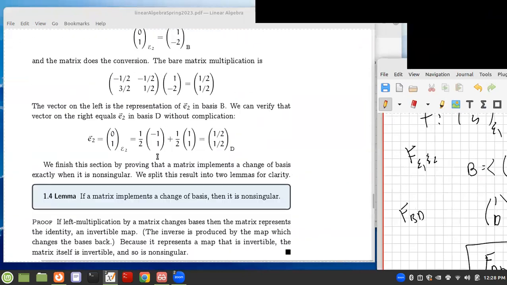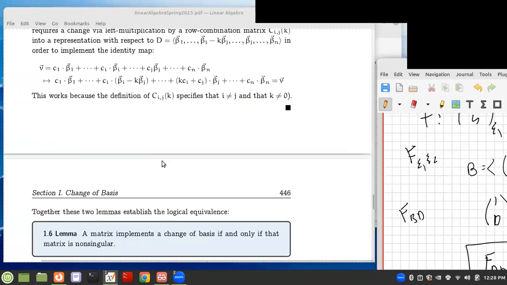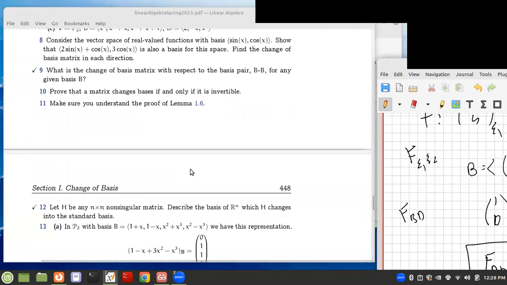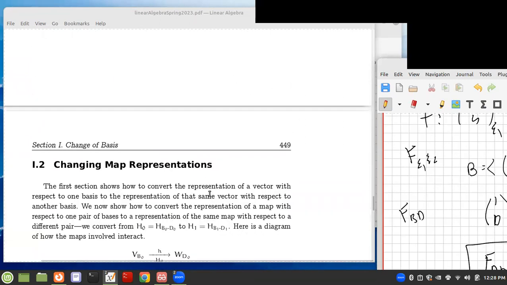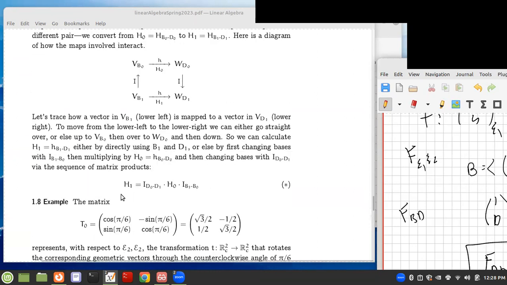Here's the sort of result: if you want to find H0 from H1, you can follow it directly here, or you can follow it around the other edge of this pathway.